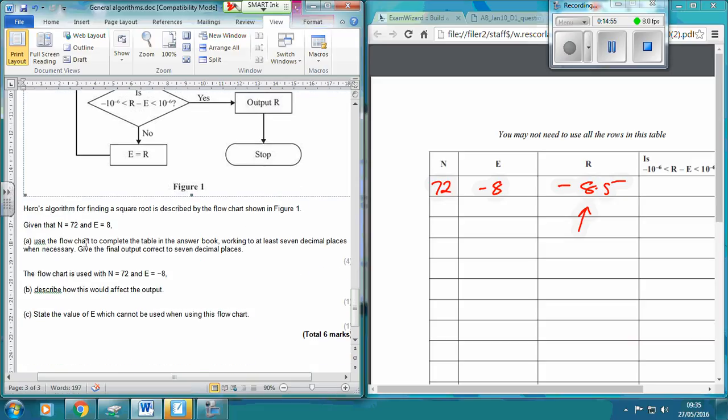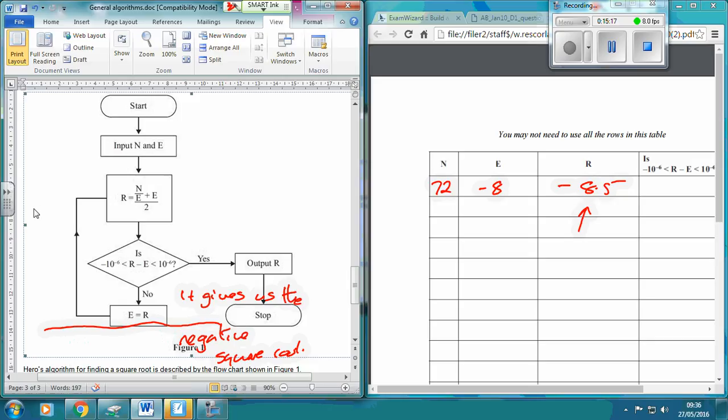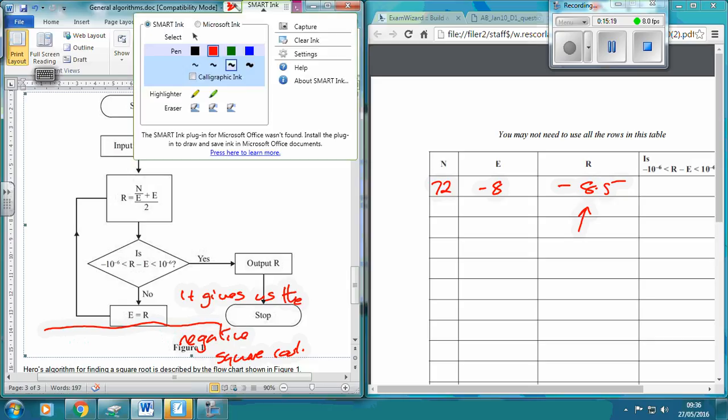So describe how this would affect the output. It gives us the negative square root. State the value of e which cannot be used when using this flowchart. So if we have a look at the flowchart, what value of e can't we use?